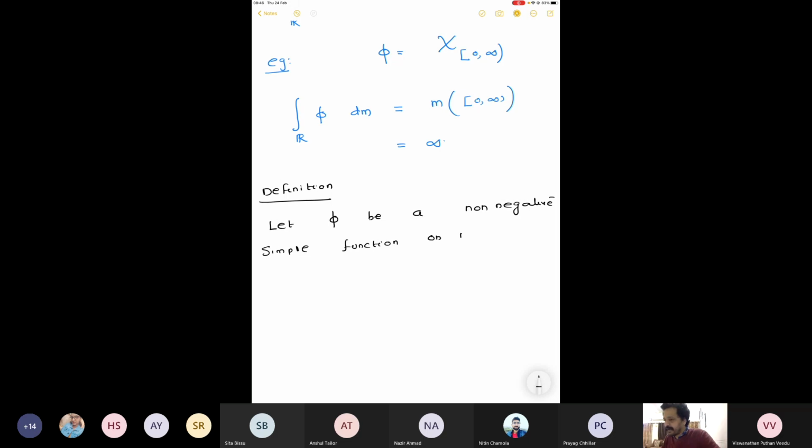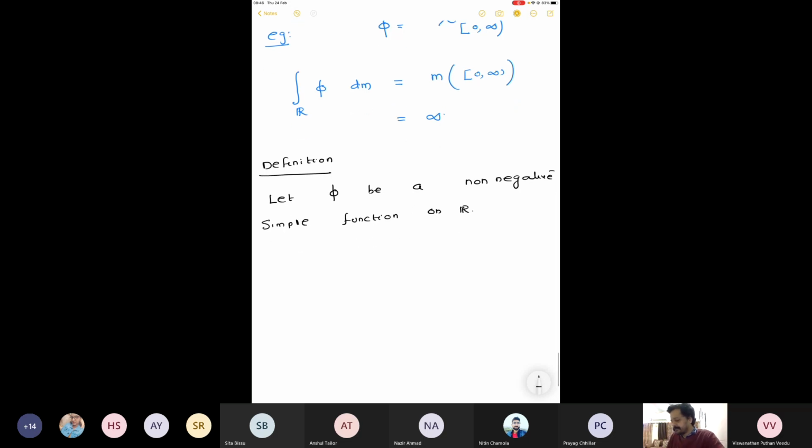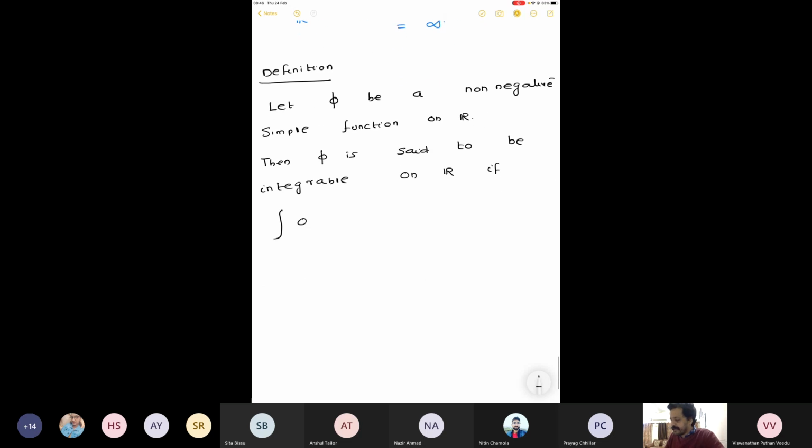Simple function on R. Then phi is said to be integrable on R if the integral over R of phi dm is finite.